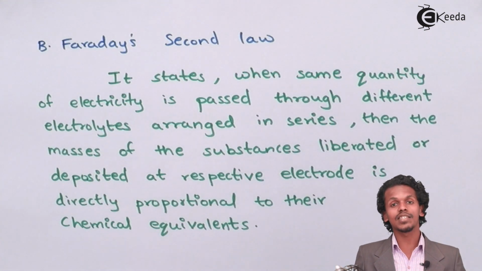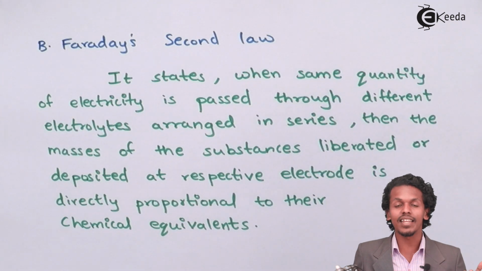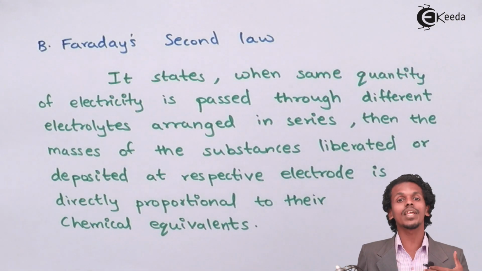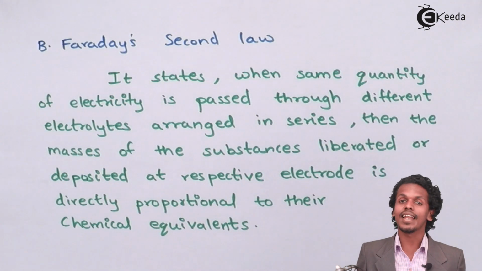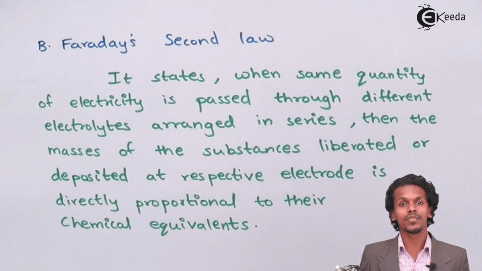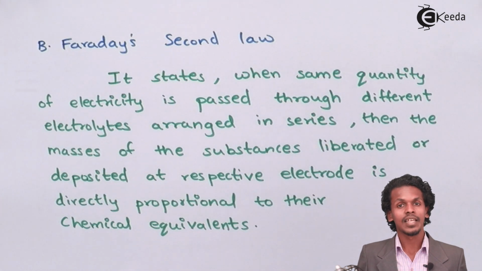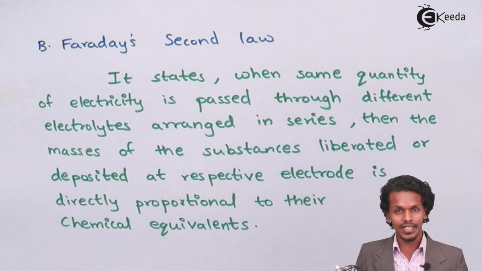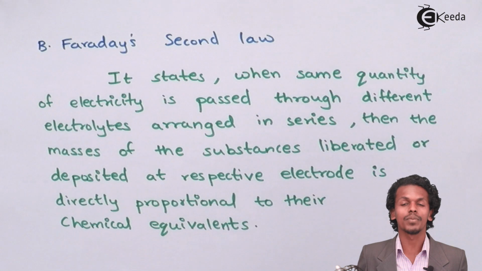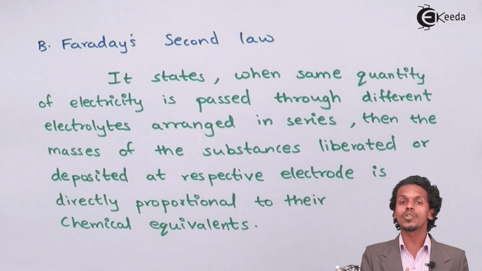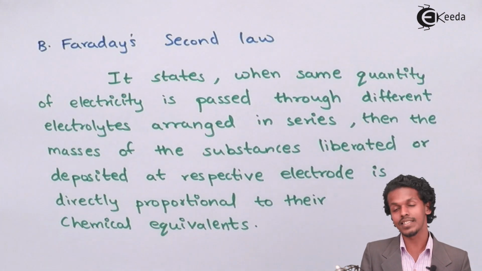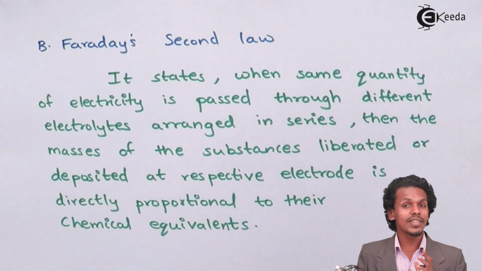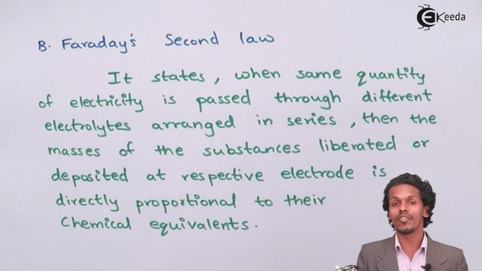Suppose zinc has a higher equivalent weight than sodium, then we could observe that at the cathode of the zinc cell, the electrode will have a deposition of more zinc than the deposition of sodium on the NaCl cell. So this depends on the equivalent weight.